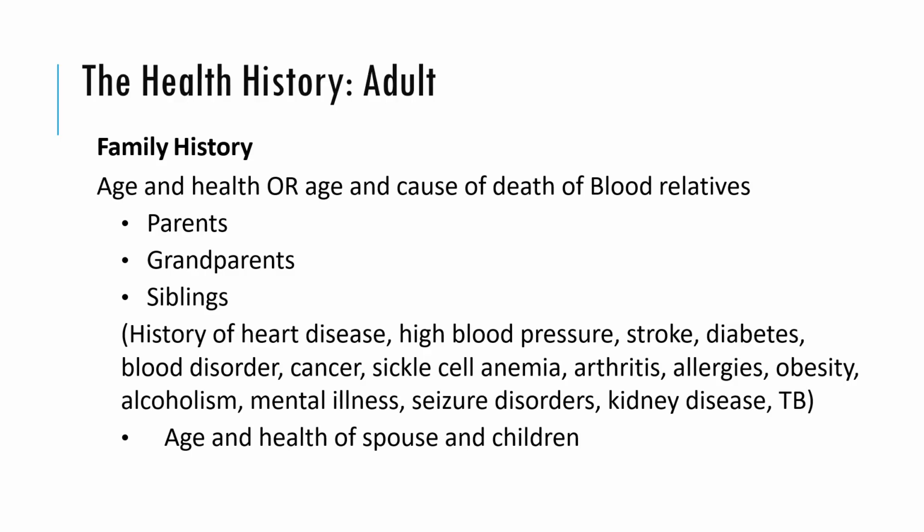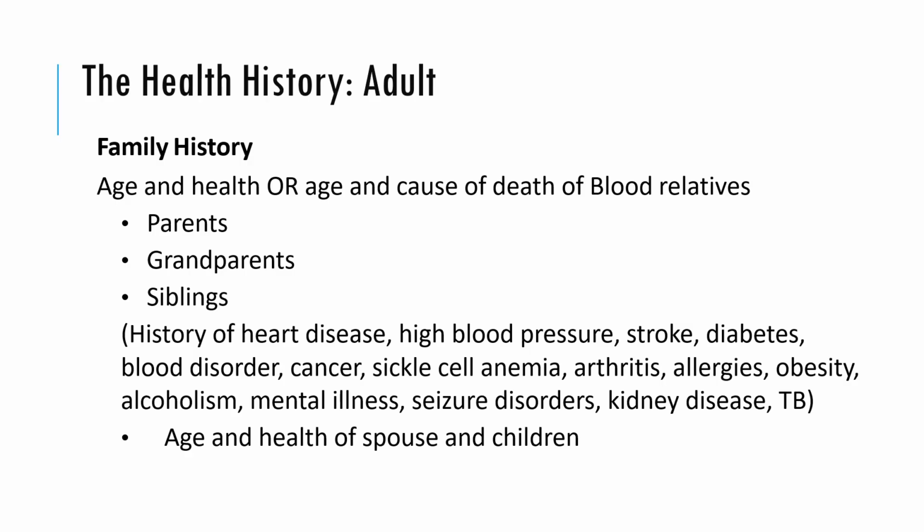Family history. Family history is important because of genetics. So we need to know the age and the cause of death of blood relatives. And when we say blood relatives, we're talking about parents, grandparents, and siblings. We also want to know the age and the health of the spouse and their children.